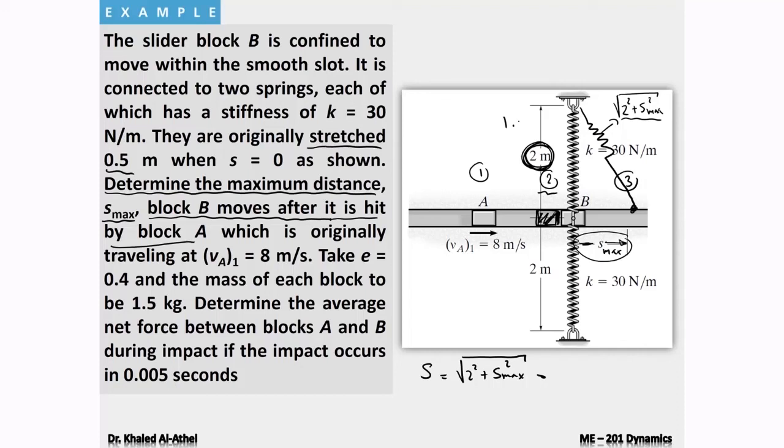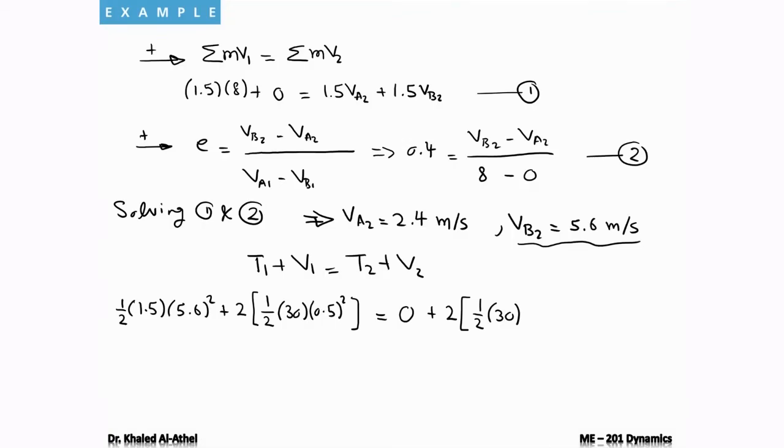So unstretched becomes 1.5. So I'm going to take this and apply it in here. So it's going to be half times 30 multiplied by the square root of 2 squared plus S max squared, minus 1.5.